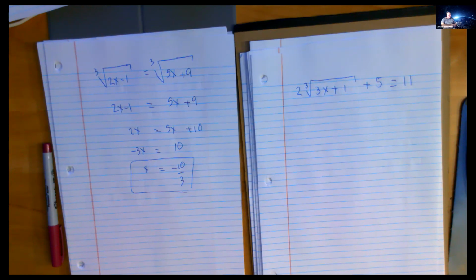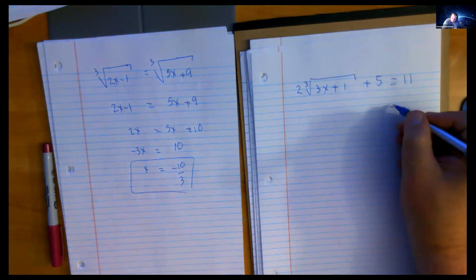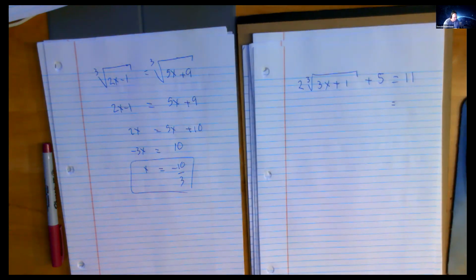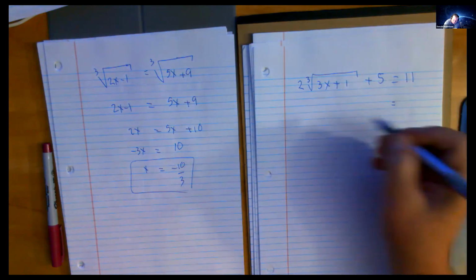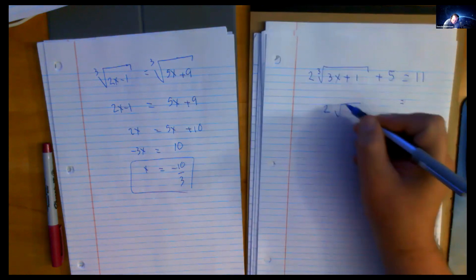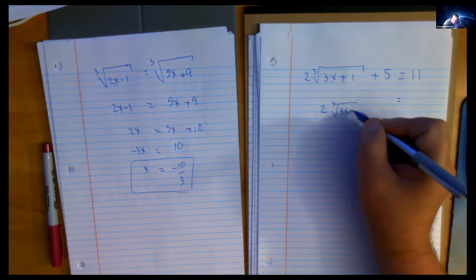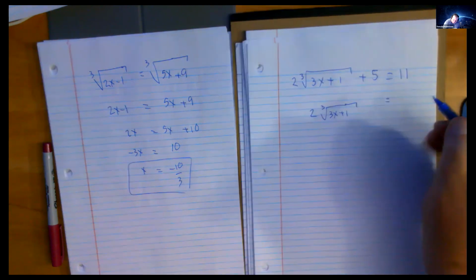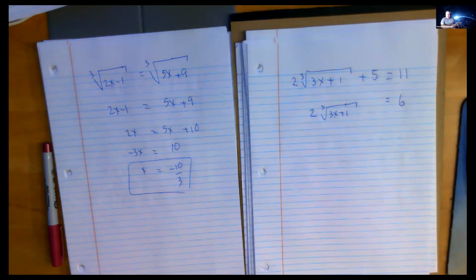What should I do to both sides in this question first? I see subtract 5. It's cube root of 3x plus 1. If you subtract 5 from both sides, you get that. Where should we go next?